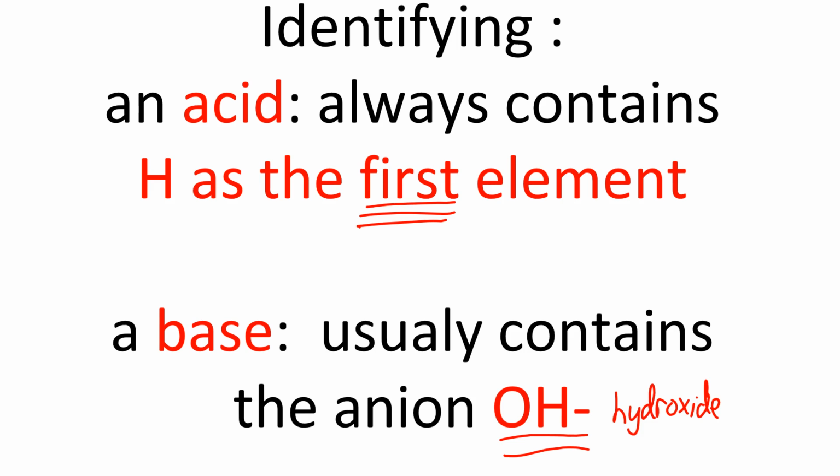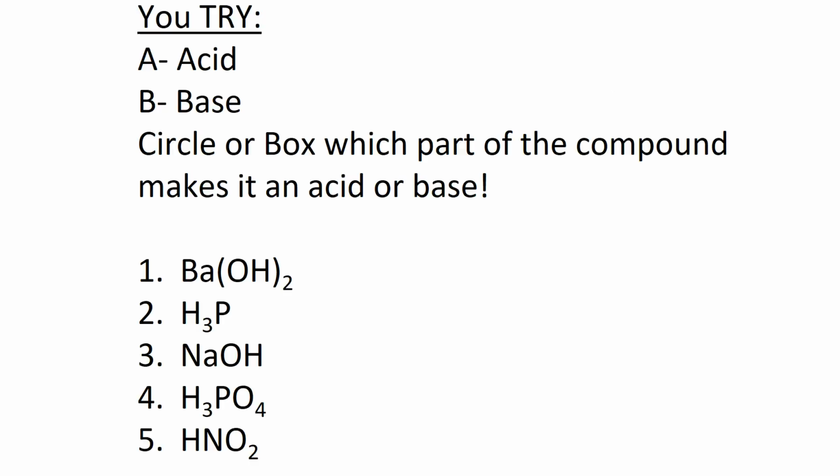All right. So there are some rules for naming these. But let's just see how we do with identifying each. You don't have to worry about writing this next one down. We're just going to do it as a whole class practice. All right. So if it is an acid, we're going to mark A next to it.